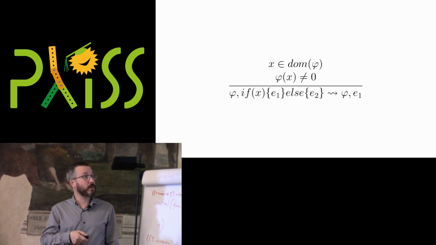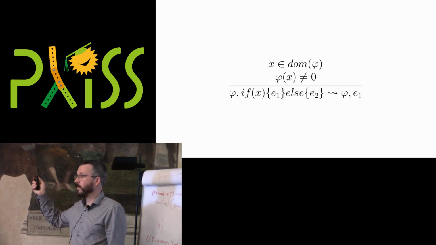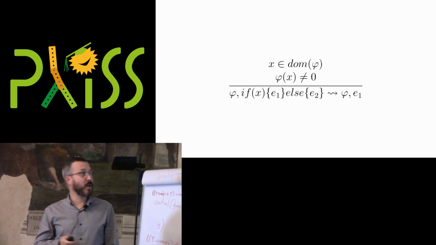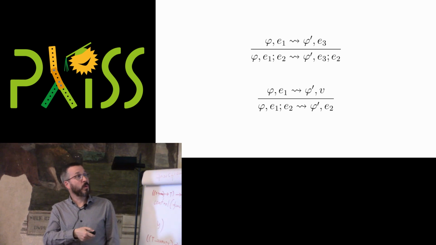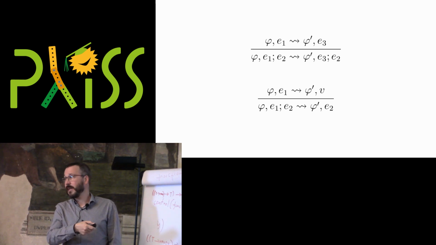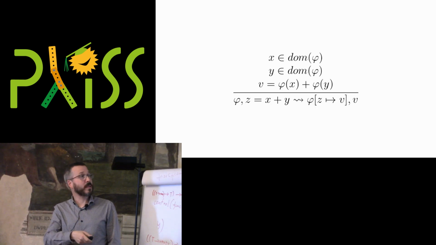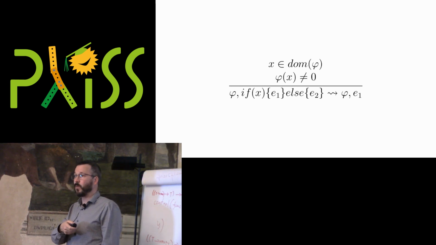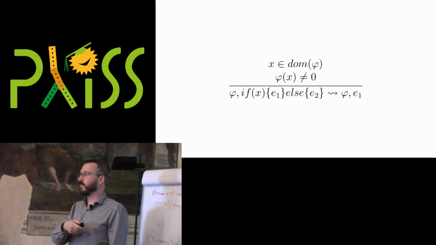What are we going to do with E2? Drop it, forget it, doesn't matter, never happened. Okay, so this is the rule that lets us do partial execution here, right? We get an expression out of it, not a value out of it, and we're going to evaluate that expression next. So we've, in some sense, extracted E1 out of this conditional as the thing that we are going to select to do next.